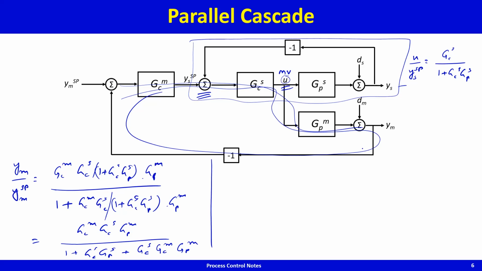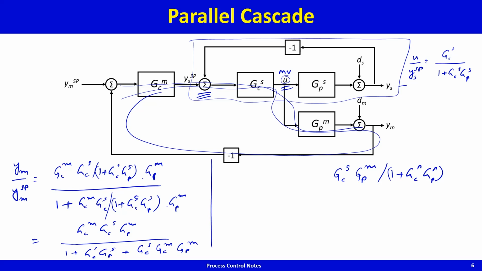So Ym is going to be, disturbance came, GCS into GPM divided by 1 plus GCS GPS.